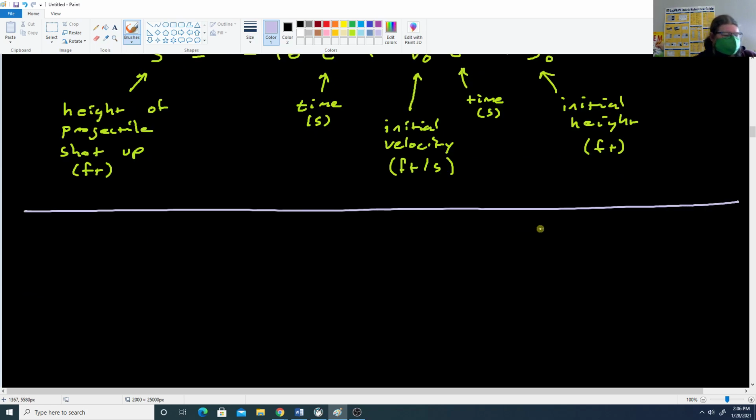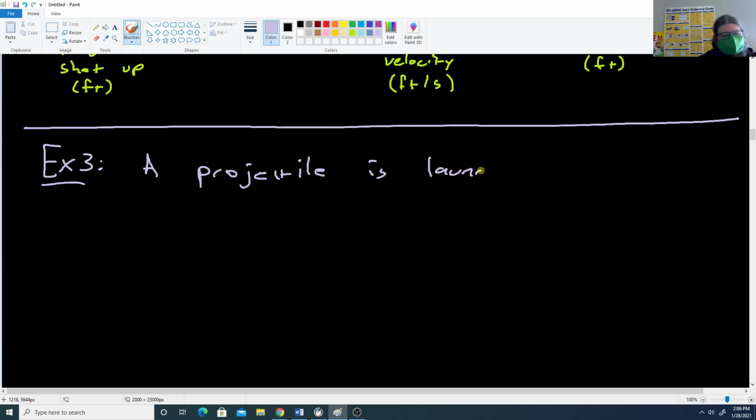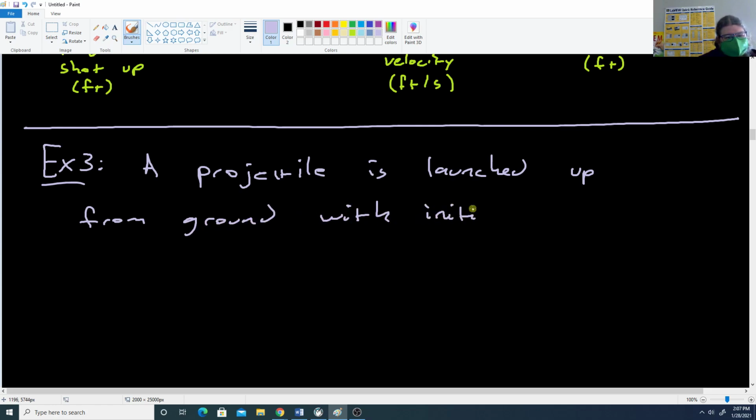Example 3 says a projectile is launched up from the ground with initial velocity of 100 feet per second.